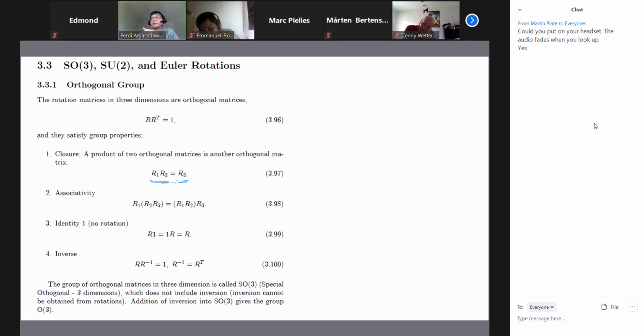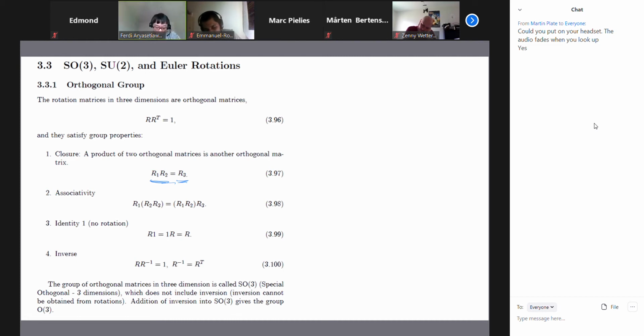If we multiply two orthogonal matrices, we just get another orthogonal matrix, and so that also represents a rotation. So we multiply one rotation and then another rotation, and that is just equal to another rotation about some axis.